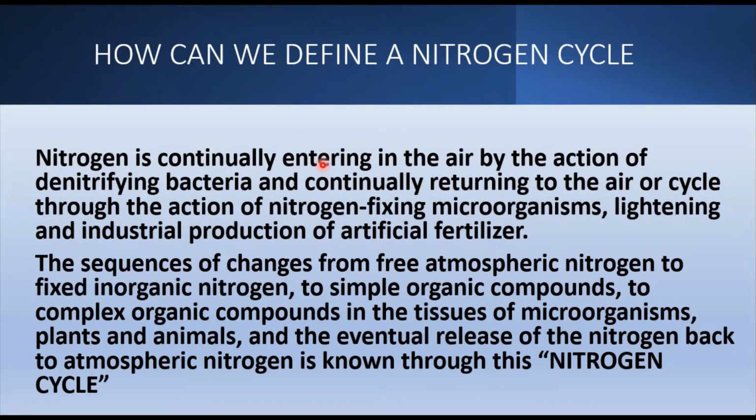The sequence of changes from free atmospheric nitrogen, that is N2, to fixed inorganic nitrogen, and from there to simple organic compounds, and then to complex organic compounds in the tissues of microorganisms, plants and animals, and eventually the release of this nitrogen back to the atmosphere, is called the nitrogen cycle.